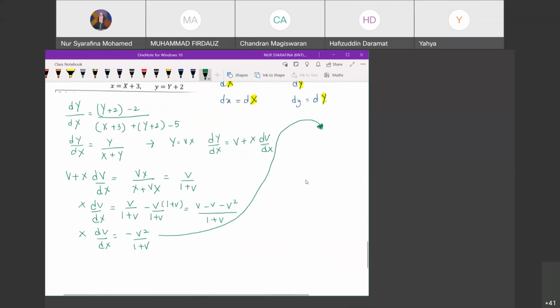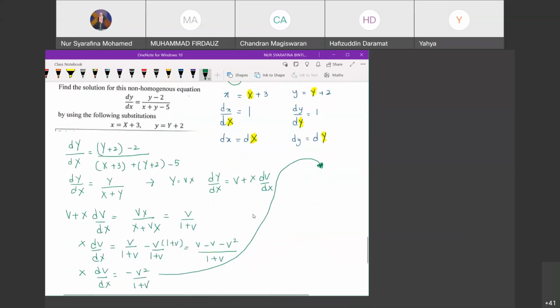Okay, so let's proceed with this. So now it is separable. Can you separate this? Can you integrate this? So just separate this, and it becomes 1 plus v.